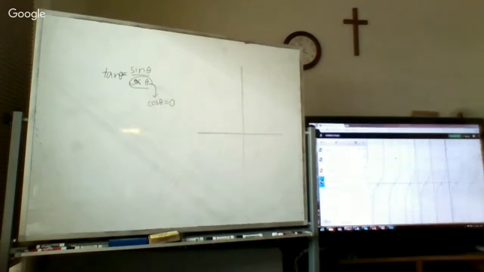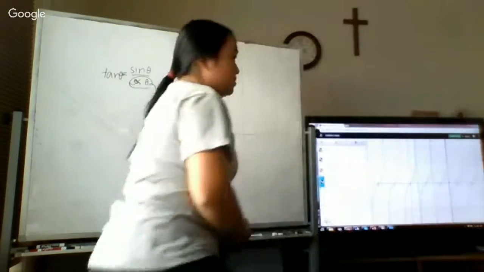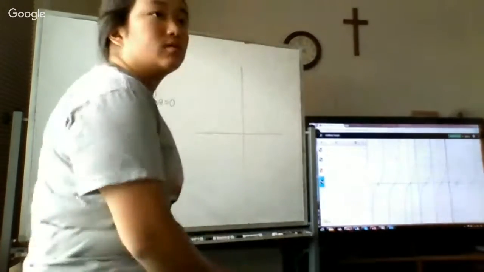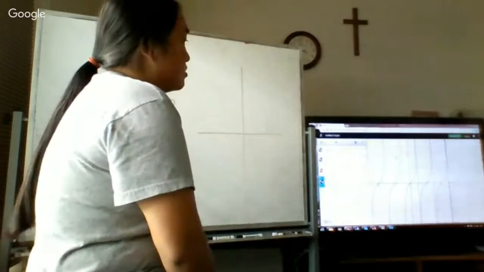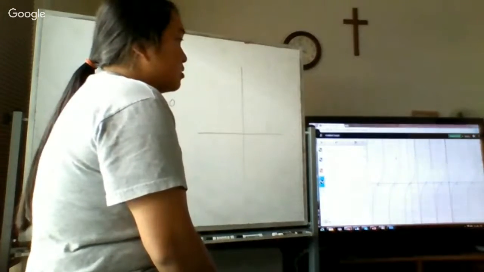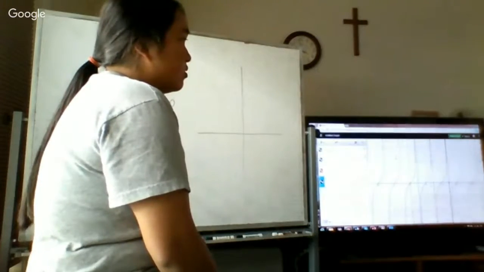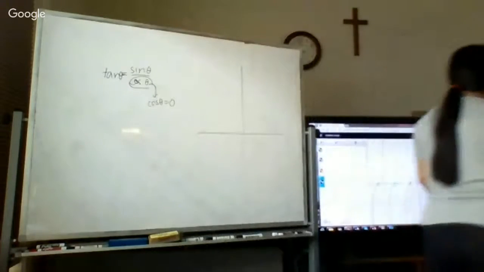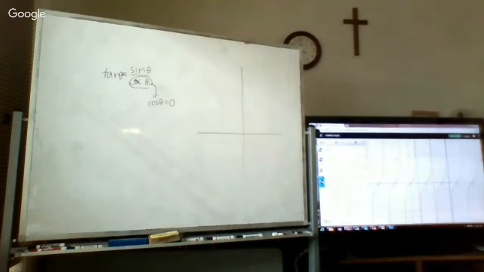So what is sine of pi over 2? Harrison? Sine. It's root 3 over 2. No, I'm looking at the right point. So pi over 2 is right here. It's 90 degrees right there. Okay, and sine is going to be the y-coordinate. So 1. Okay, and what's cosine?